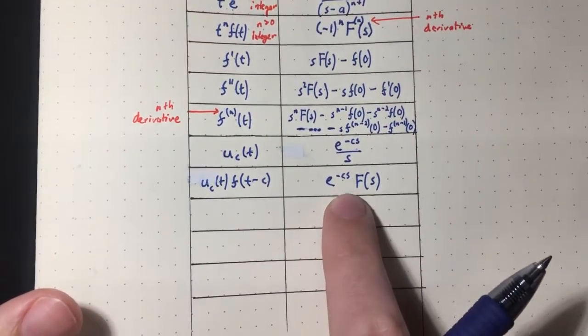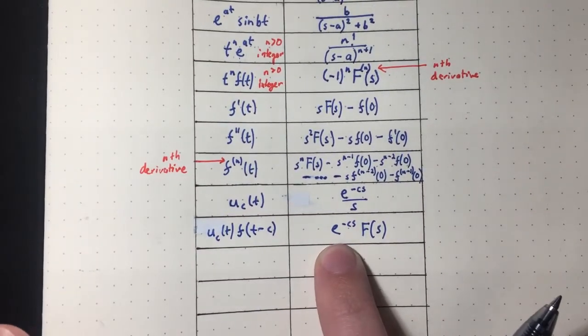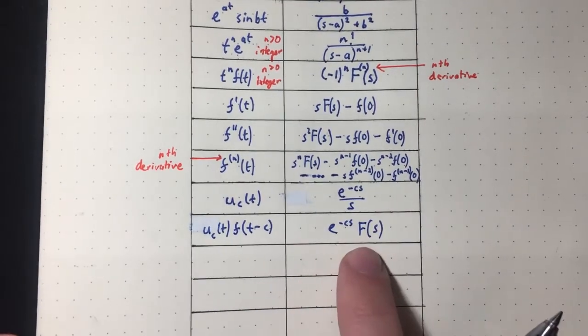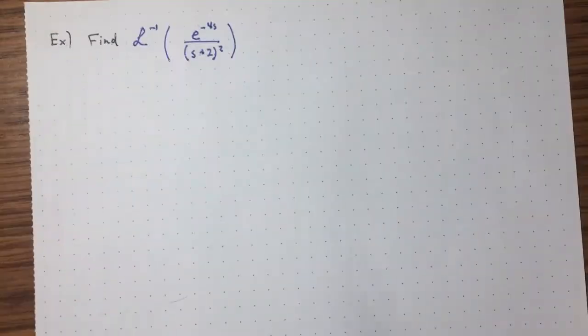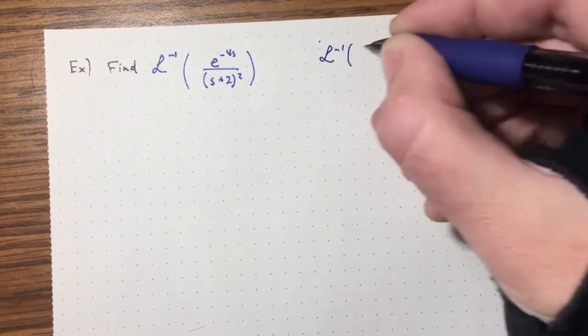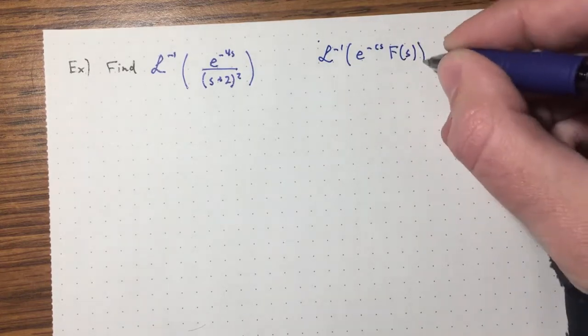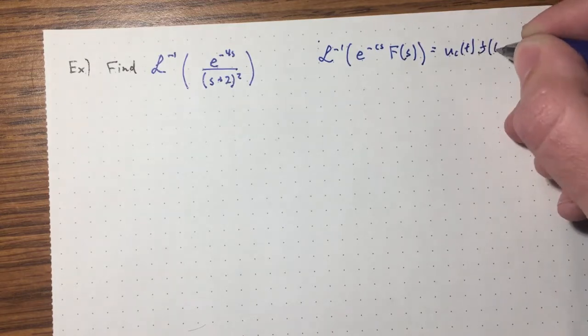We see an exponential, right? These are the only two so far that involve exponentials. And this is the more general one. So we're going to use this one. So the inverse Laplace transform of this is that. So let me write that down. This is just from our table. The inverse Laplace transform of e to the minus cs times capital F of s is uc of t times little f of t minus c.